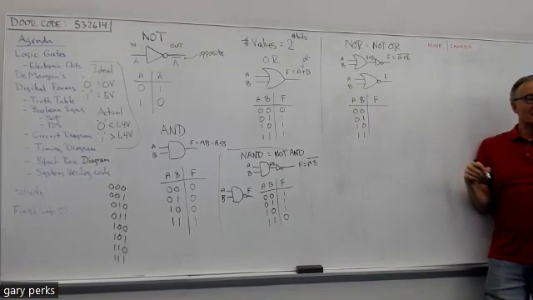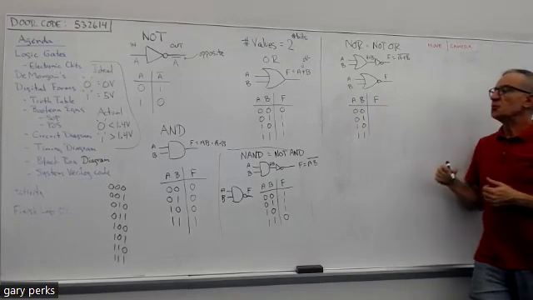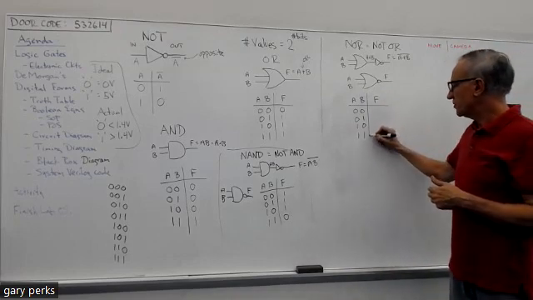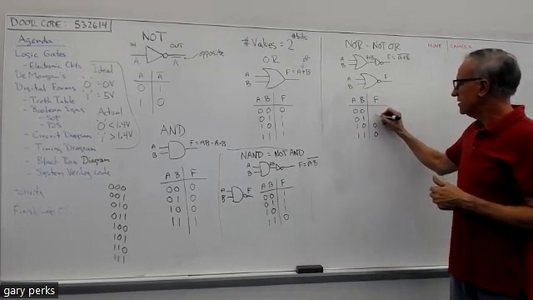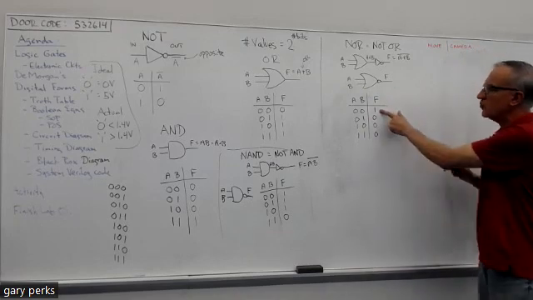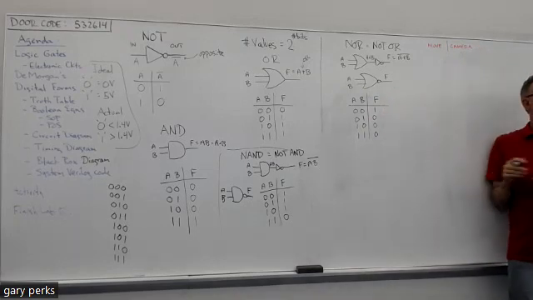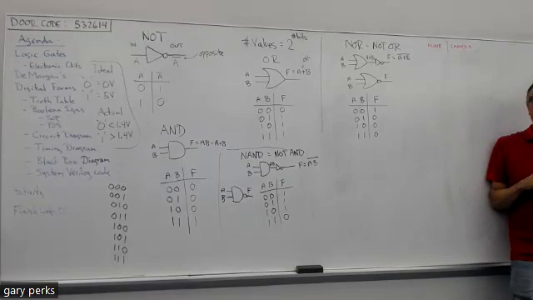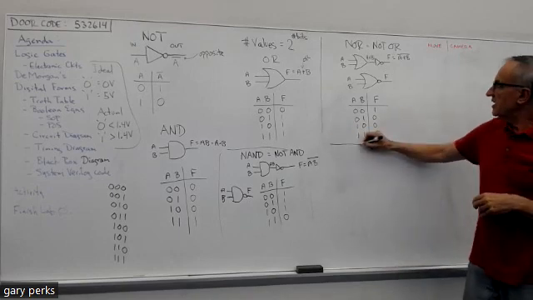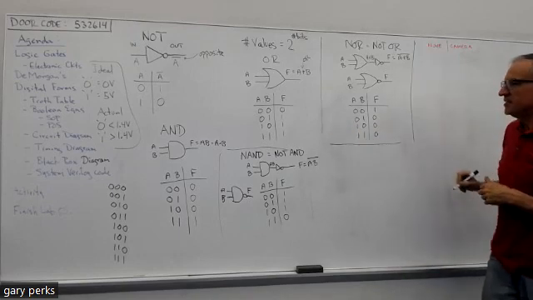For a NOR, I get a 0 out as long as at least one input is a 1. See, the NOR truth table would look like this. I only get a 1 out of a NOR when all the inputs are 0. So, do you have any questions about any of these gates?